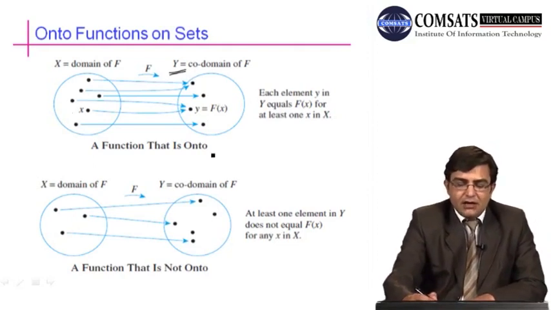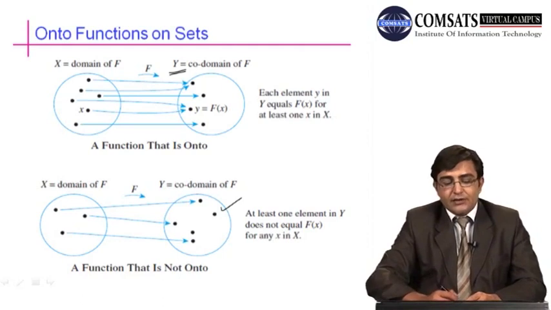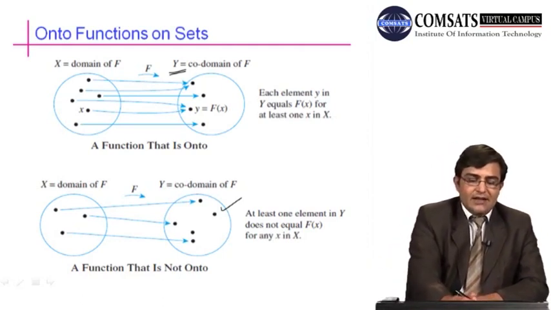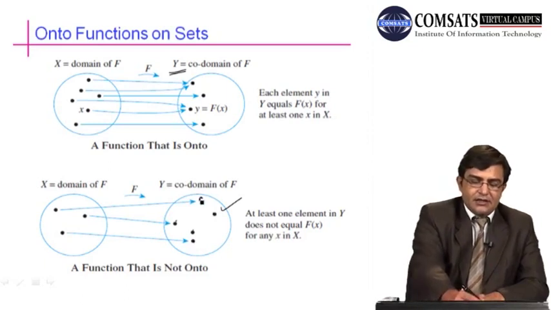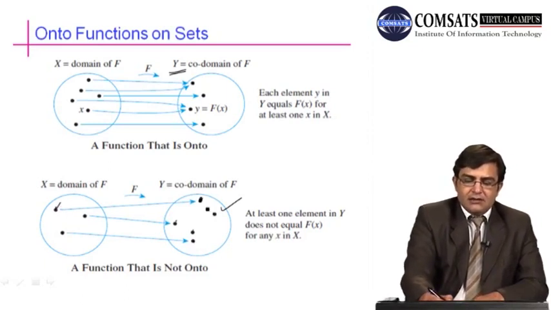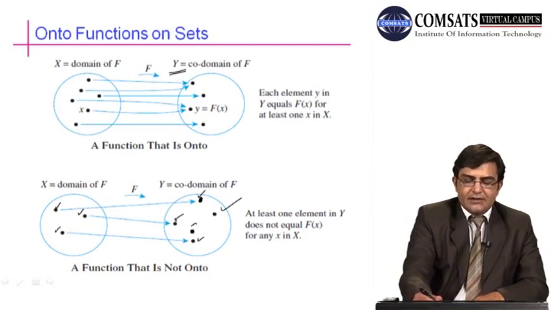If there is some element, for example in this arrow diagram, the domain has 3 elements, and the codomain has 1, 2, 3, 4, 5 elements. Now here the first element has a preimage, this element has this preimage, this element has this preimage, but there is this element and this element.